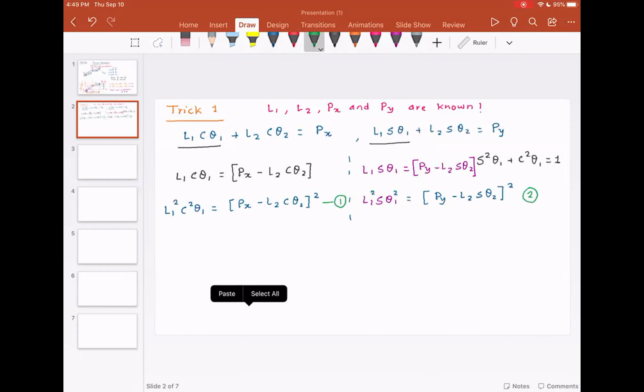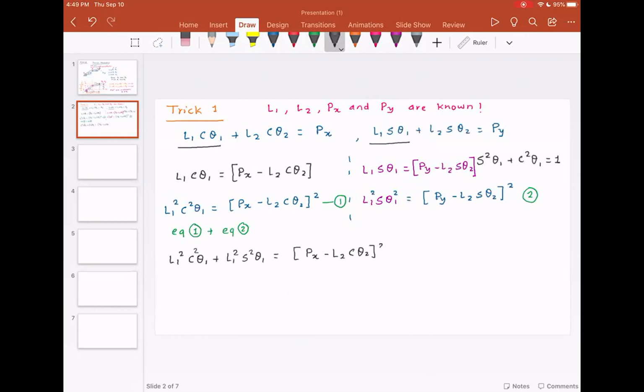If I add equation 1 and equation 2, I would get L1 square cosine square theta 1 plus L1 square sine square theta 1 is equal to (Px minus L2 cosine theta 2) square plus (Py minus L2 sine theta 2) square.